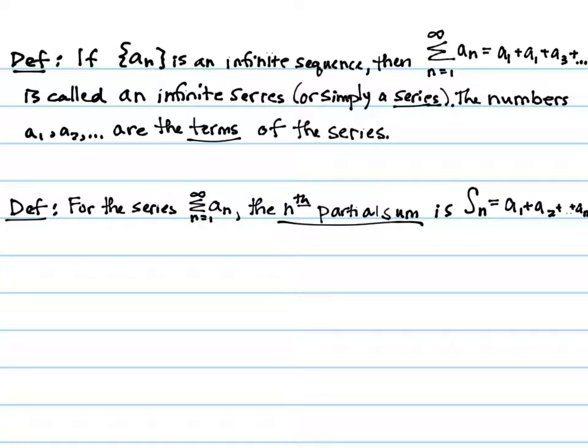So if we stop somewhere, we have a partial sum of our series. If it said S sub 3, we would stop with 3 terms. If we said S sub 6, we'd stop with 6 terms.